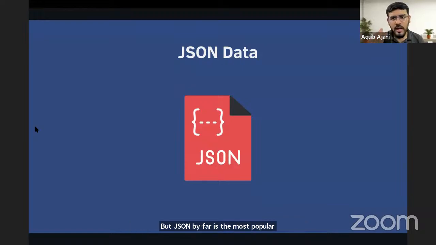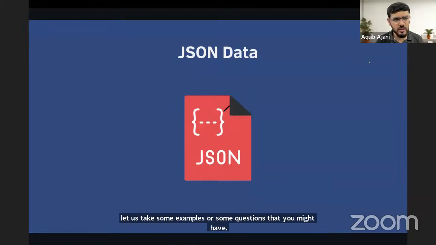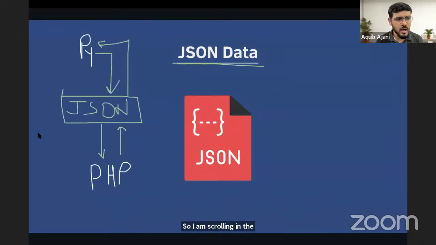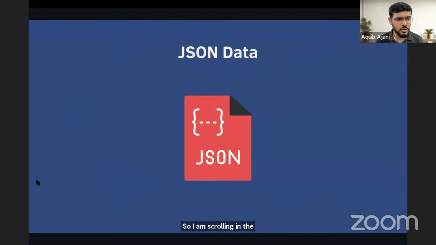So now let us take some examples or some questions that you might have. So I am scrolling in the chat. There were 2, 3, 4 questions that I will take. But in case I have missed out on those, do put them again in the chat. It's very important that you understand these concepts from a theoretical level first, so that we can then write the code for it in the session as well.